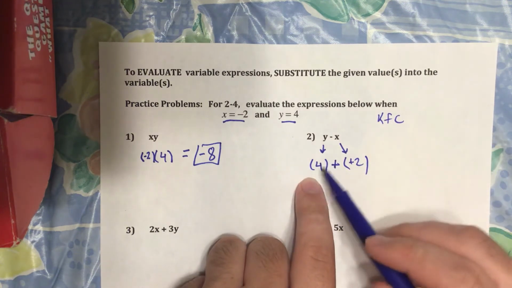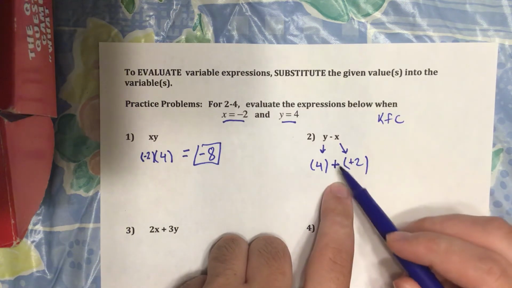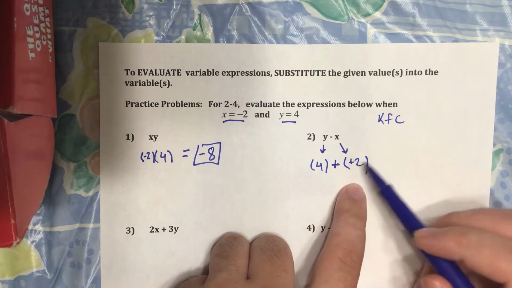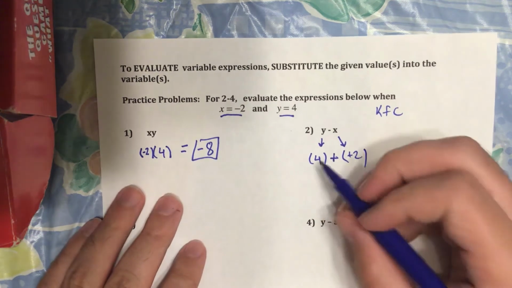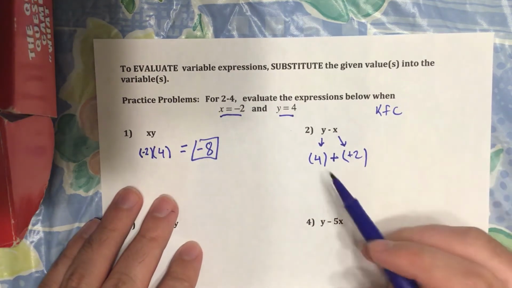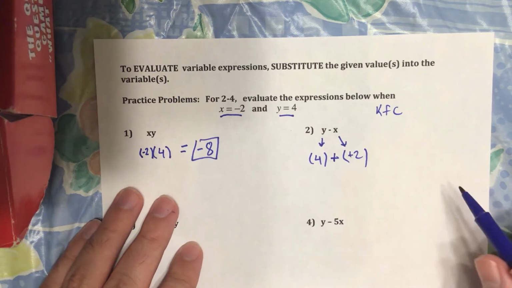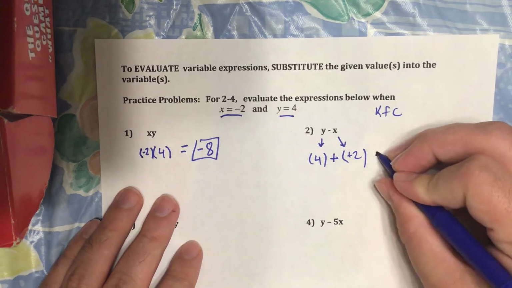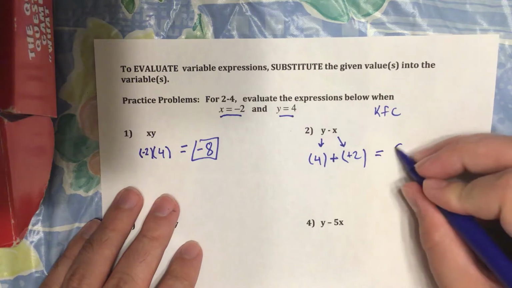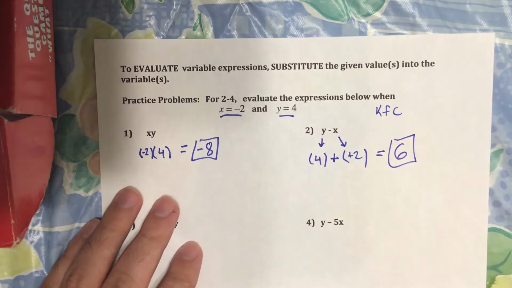So we kept this positive, flipped this sign, changed the sign of that number 2. So not 4 minus -2, but really 4 plus a +2. So what is 4 plus +2? That is actually 6. There you have it.